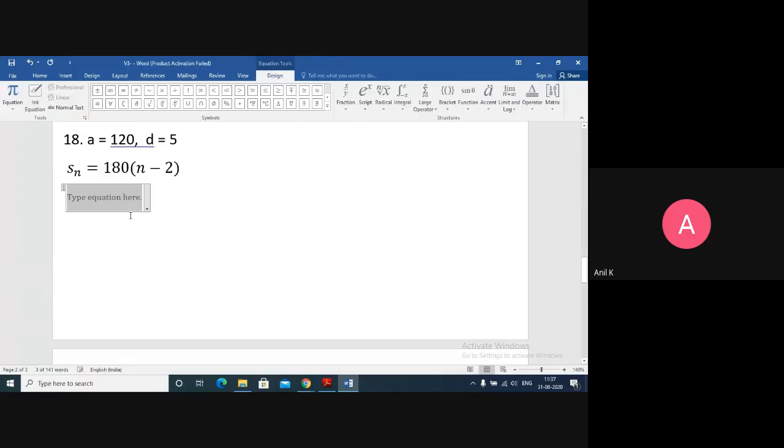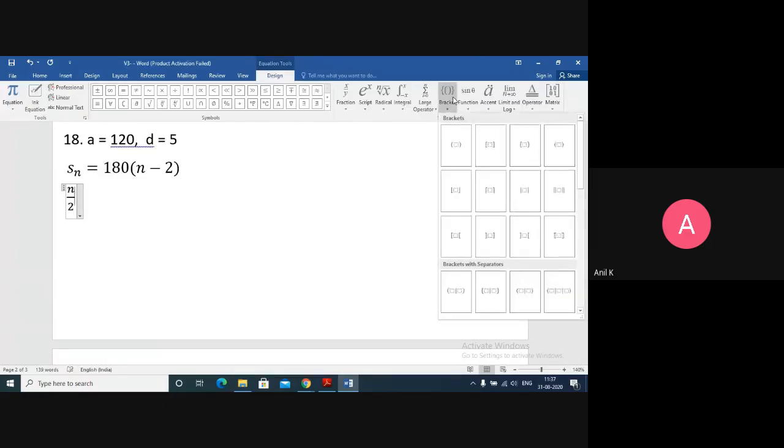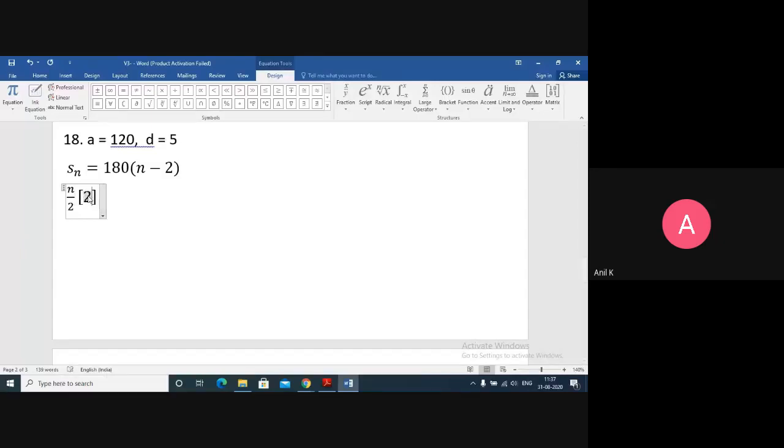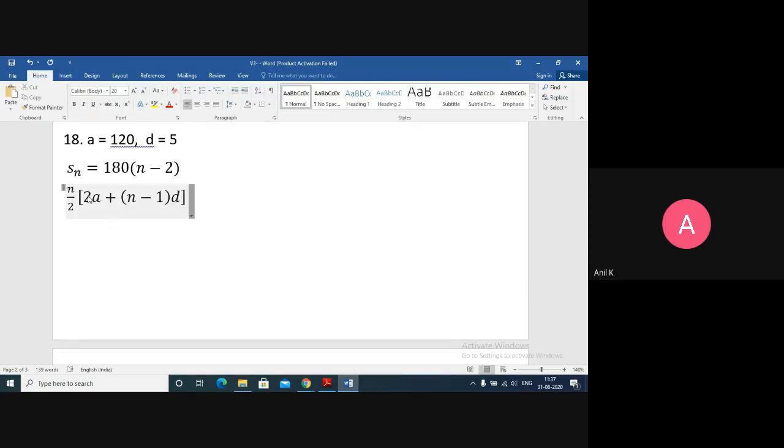Sn formula is n upon 2 into 2a plus n minus 1 into d, equals 180 into n minus 2. So you can substitute the A value and the D value.